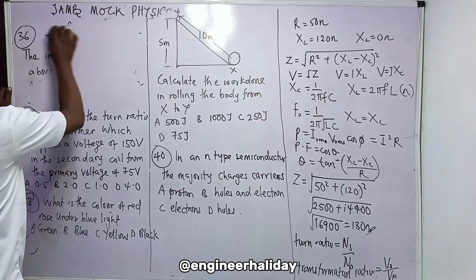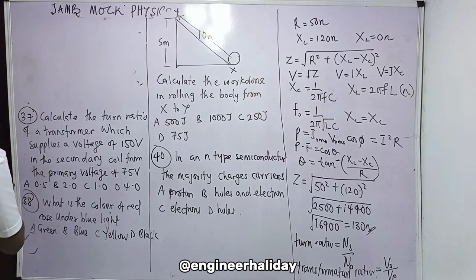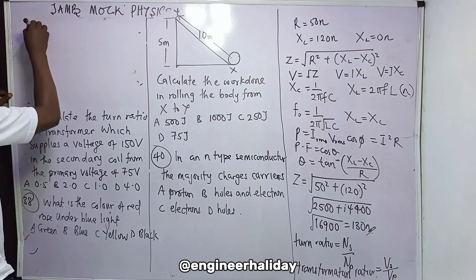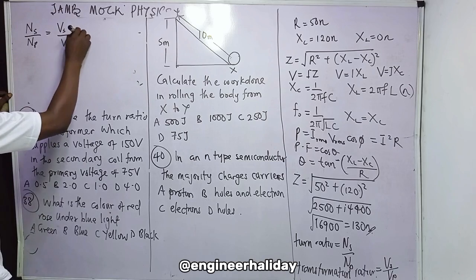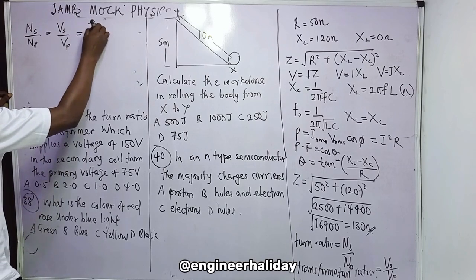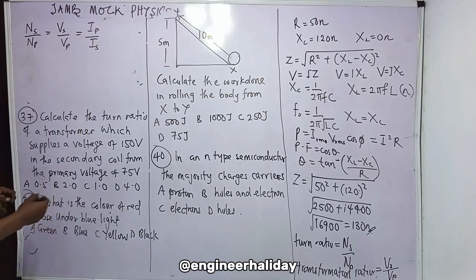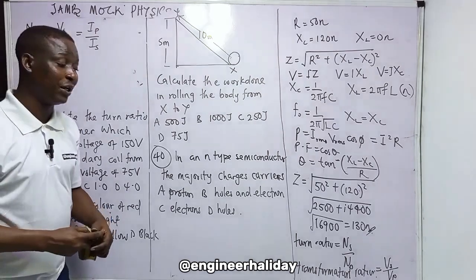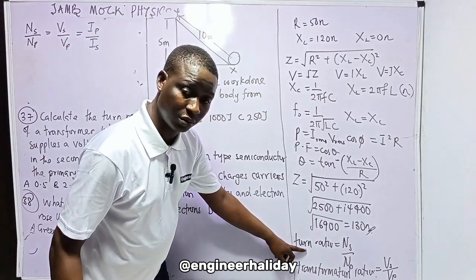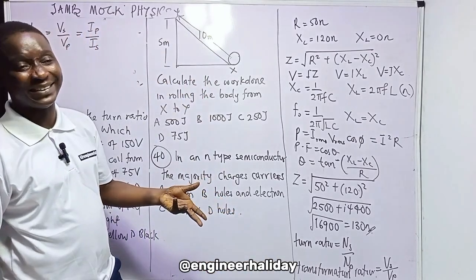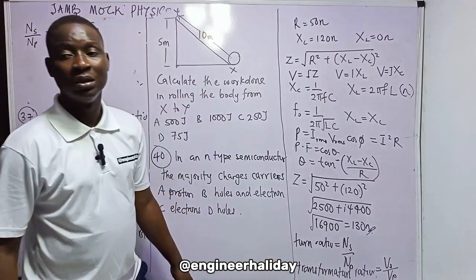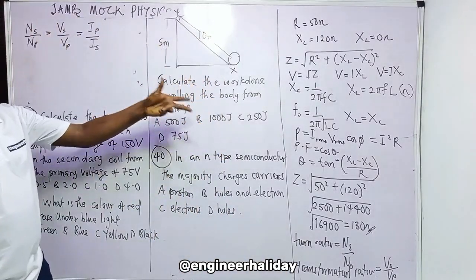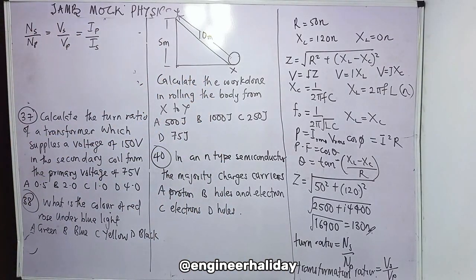If you are asked to calculate the turns ratio, don't forget the transformer formula: Ns over Np is equal to Vs over Vp equal to Ip over Is. The turns ratio is used to know about the windings of the transformer, whether it's step down, but to talk about the output and input relationship, the output voltage over input voltage, we call transformation ratio, to know the physical properties of that transformer.